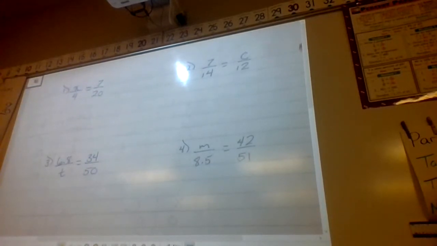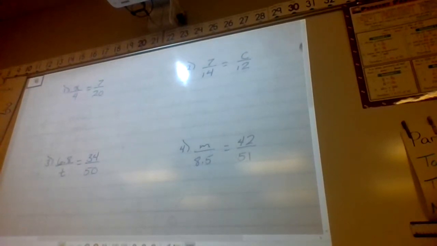You just set up 1.4. Yes, my notes. Why do we have to close it? It's 20?